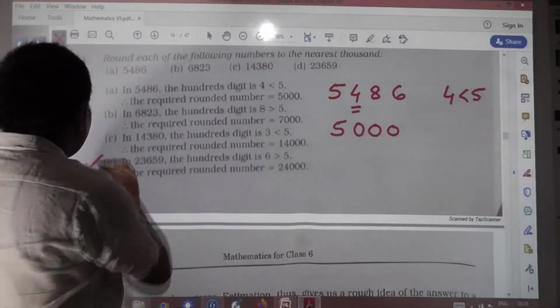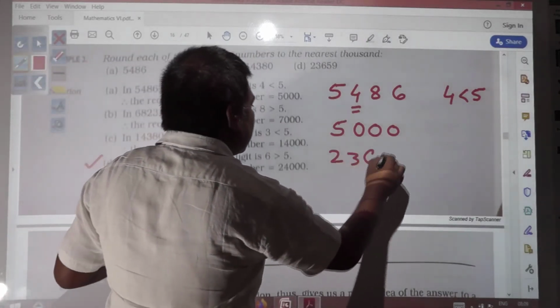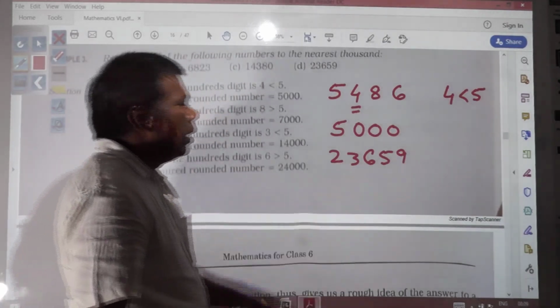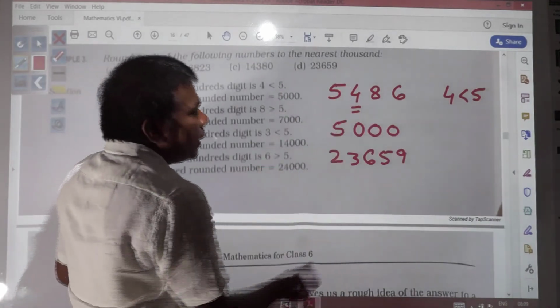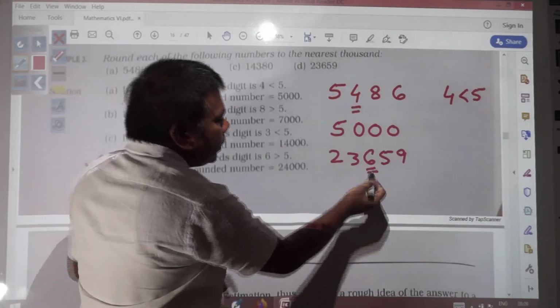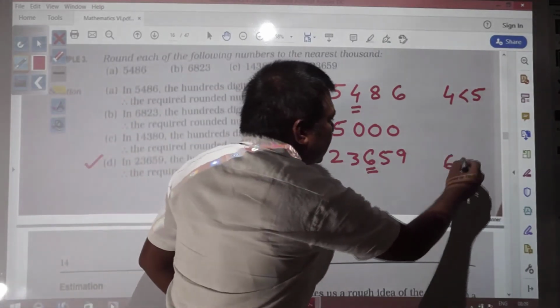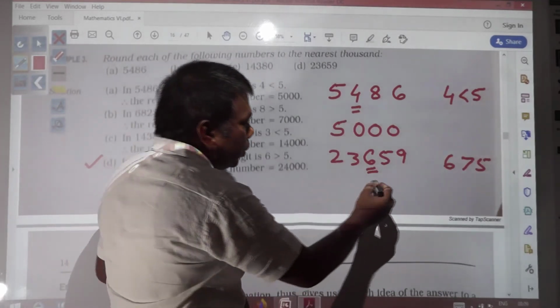See this example. Suppose you have number 23,659, and you have to round this up to the nearest 1000. We will see in hundreds place what digit we have. We have 6 over here, and obviously 6 is greater than 5. In this case, what we need to do?